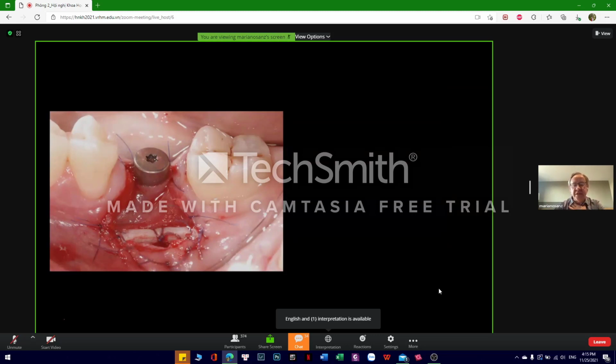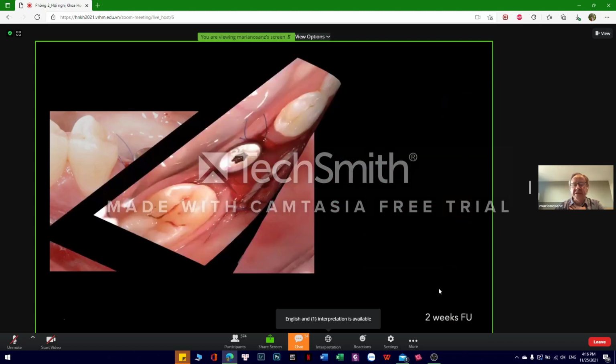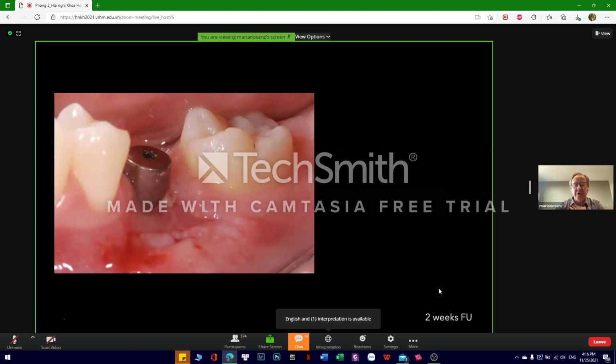And this band of keratinized tissue in the apical end of the flap will prevent the cells from the alveolar mucosa to gain rapid access to the area where we would like to develop this band of keratinized tissue so that we favor the ingrowth of cells from the side.